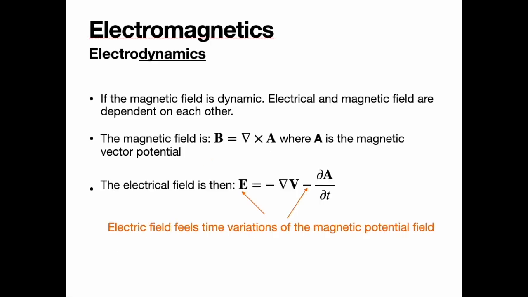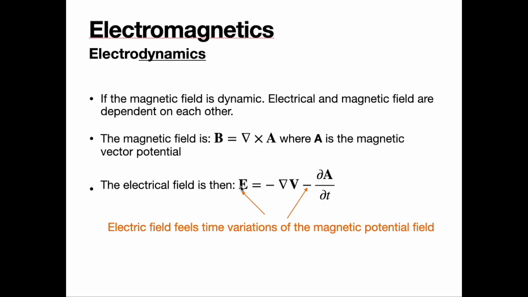So when the magnetic field is dynamic and no longer static, the electrical and the magnetic fields are dependent on each other. So you cannot define them independently. And that's now how this is formulated.